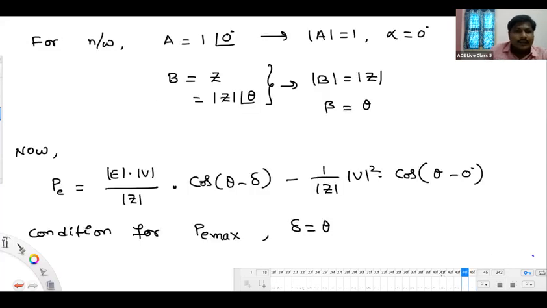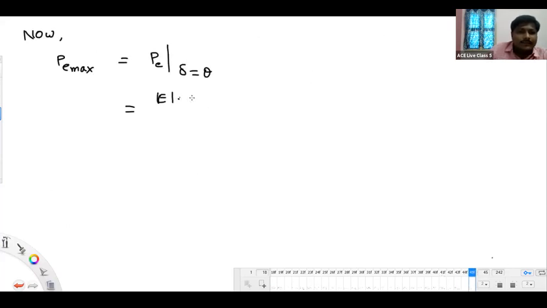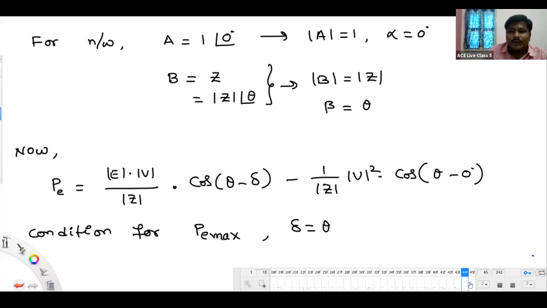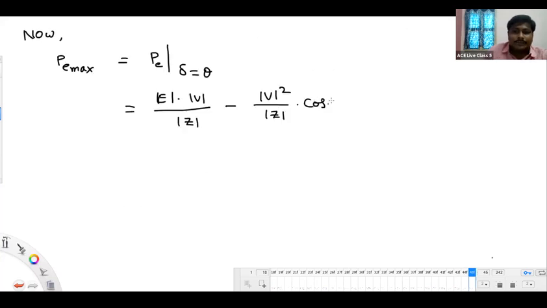That is nothing but mod E mod V by mod Z, minus mod V square by mod Z into cos theta.